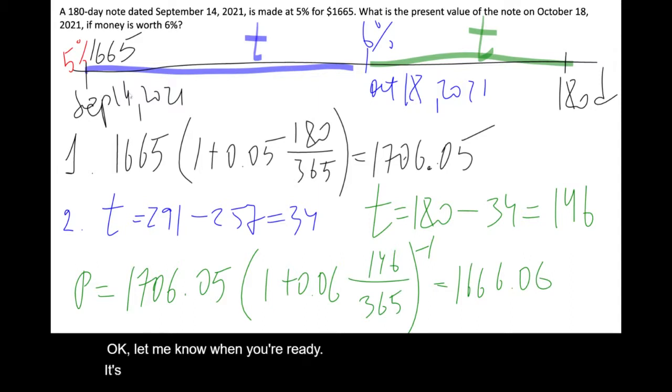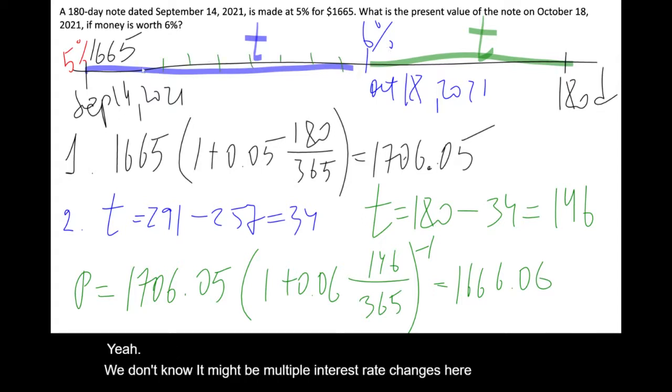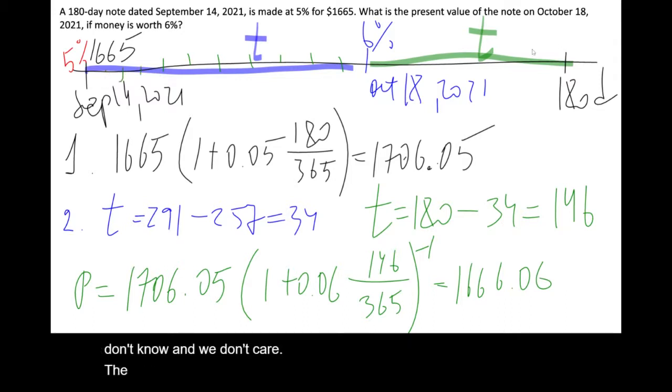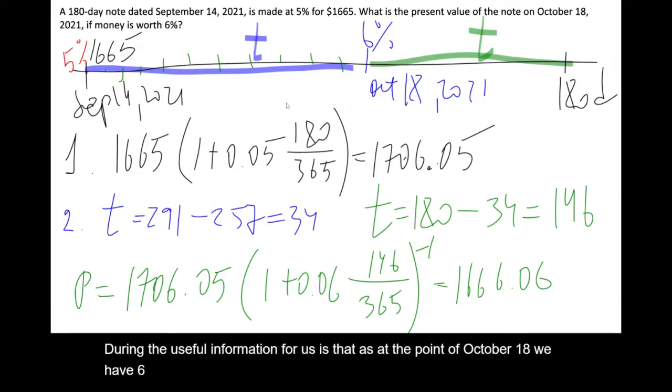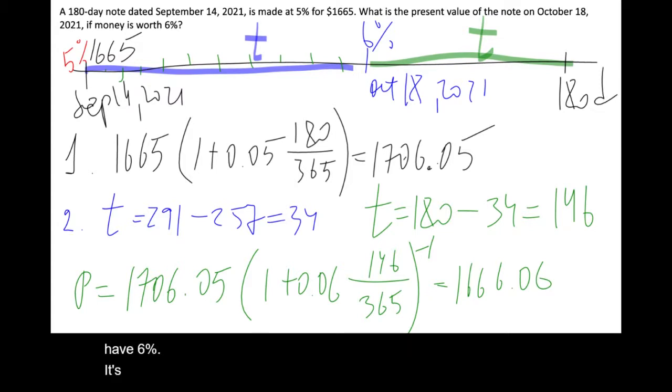We don't know. It might be multiple interest rate changes in between. We don't know and we don't care. The only useful information for us is that as at October 18, we have 6%. That's it. It's not a declining balance method.